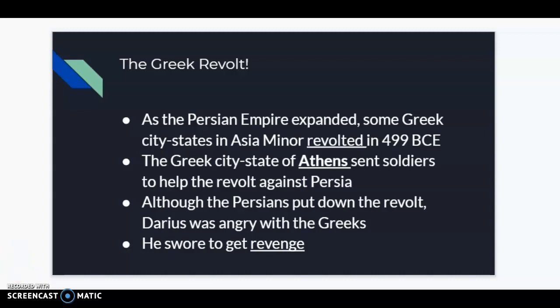And so because these Greeks enjoyed democracy and various forms of democracy, they were not okay with being ruled by an emperor from thousands of miles away. So the Greek city-states that revolt receive some help from the powerful Greek city-state of Athens, which sends soldiers to help the revolt against Persia.